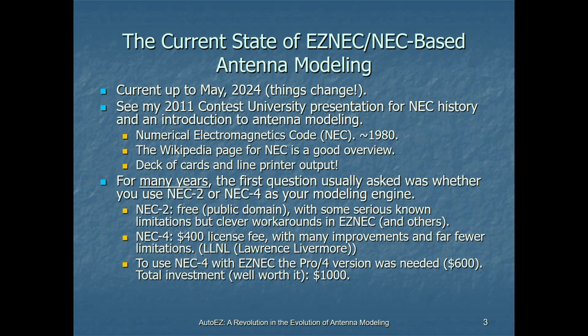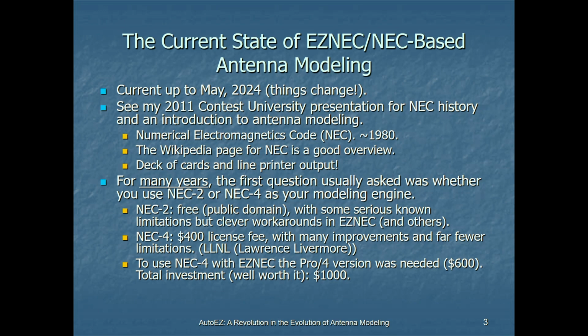But there were some clever workarounds that got incorporated into programs like EZNet and others. Now, NEC 4 was the Cadillac program, but that had a $400 license fee. It had many improvements, far fewer limitations, and to get the license, you had to go to LLNL, Lawrence Livermore National Laboratory. And that still is the case to this day.